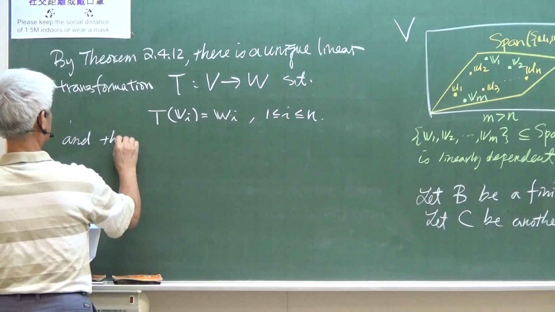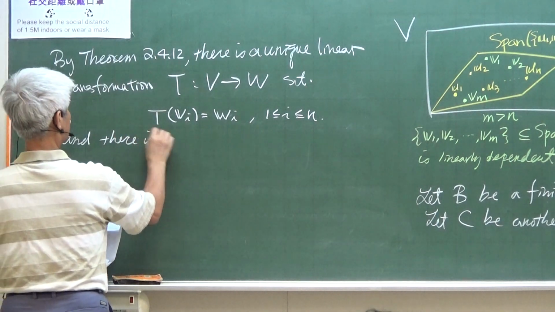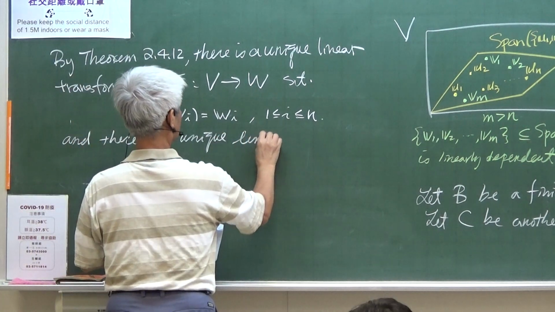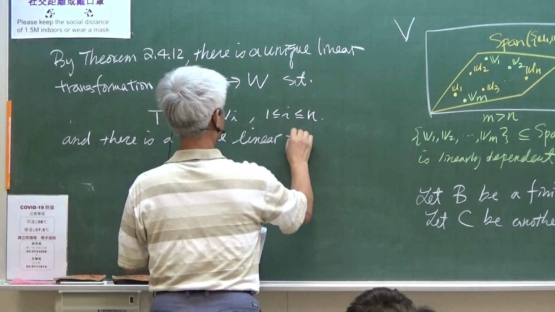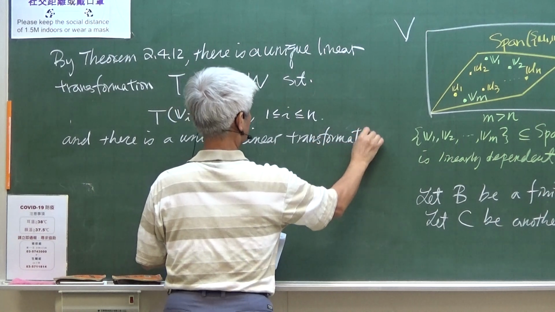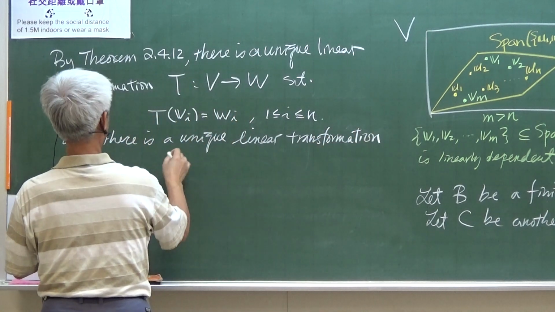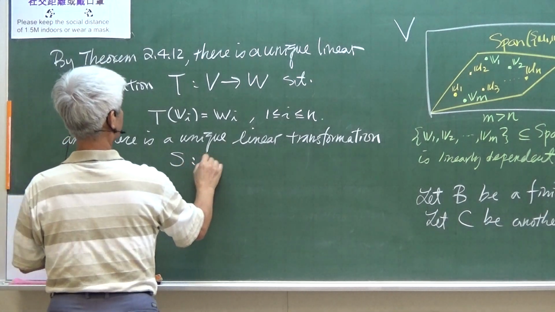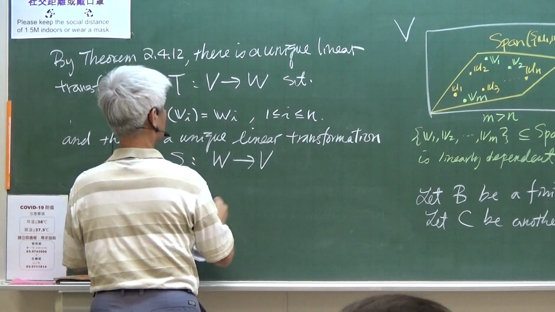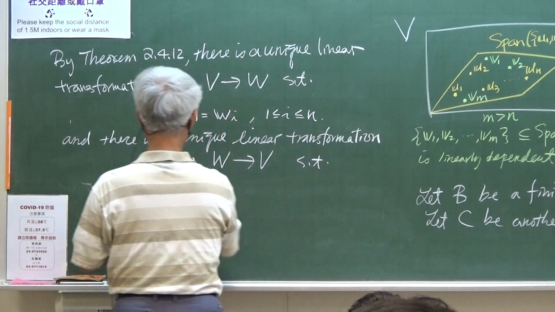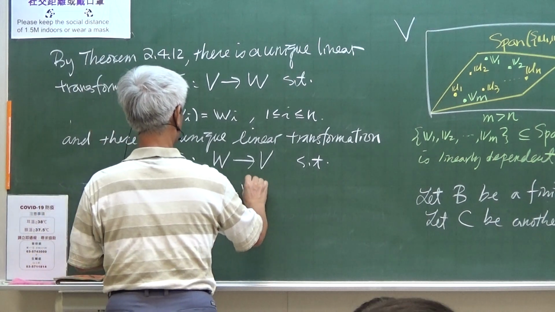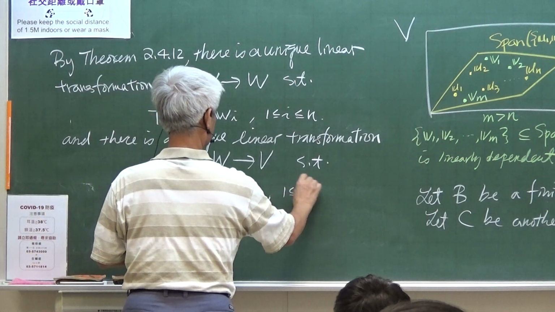And there exists, again, a unique linear transformation S from W to V such that S Wi equals Vi for all i.